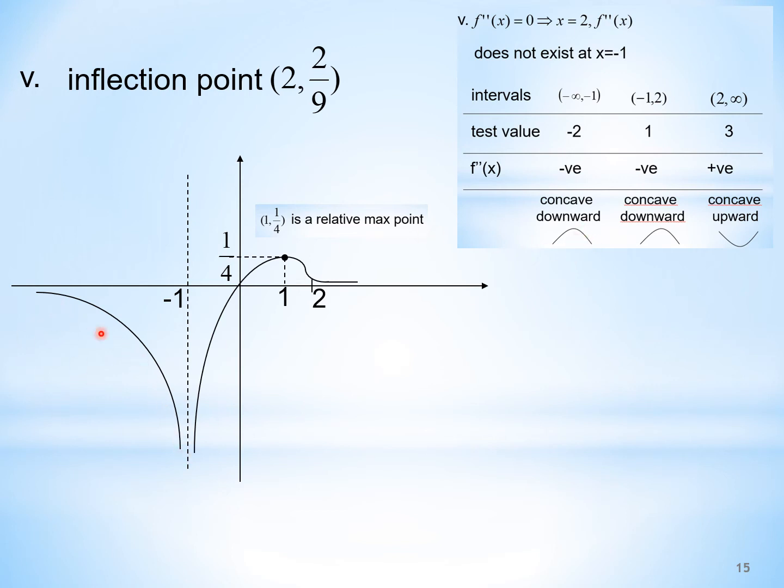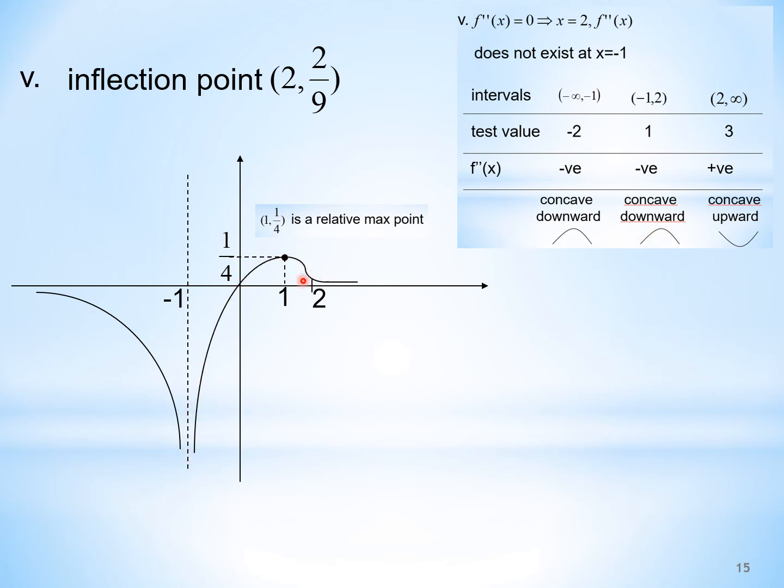So this is the first part for -infinity until -1. And then jangan lupa we have our asymptote which is -1. So the graph cannot touch this asymptote. And then from -1 until 2, again it's concave downward. This time dia ambil yang sebelah sini punya, separuh daripada this graph.